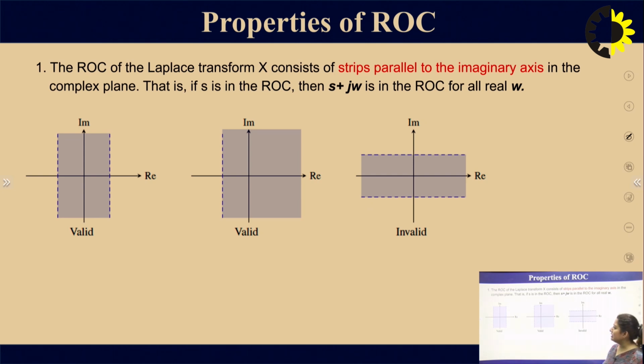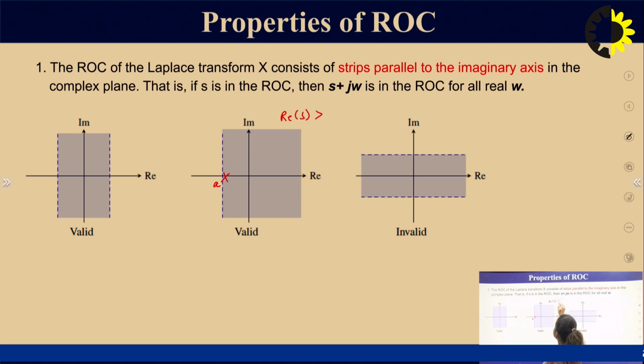So in the first figure we have the diagram for a valid ROC, that is real of s greater than something, or the strips in between. The second one is also a valid ROC, real of s greater than a. Suppose this is a.